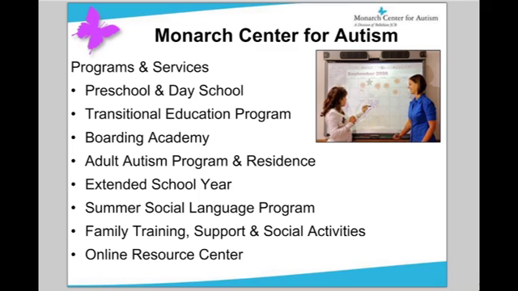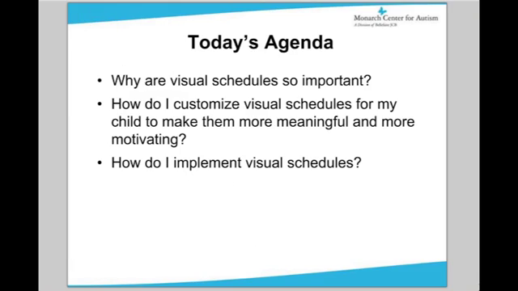We offer extended school year. We have a summer social language program, and we provide family training, support, social activities, and we also have an online resource center. If you have questions about the programs that we offer, our contact information will be posted at the end of this presentation. Feel free to contact us.